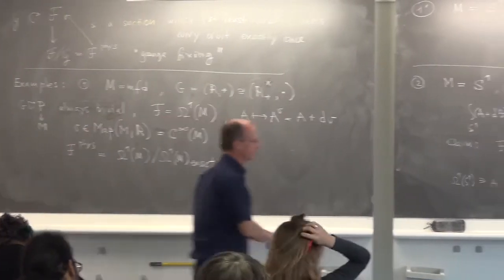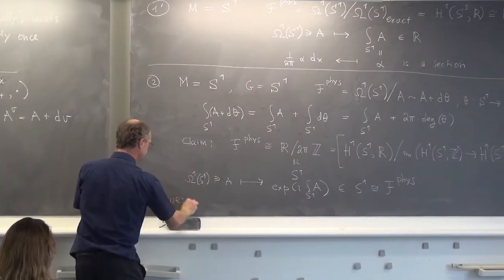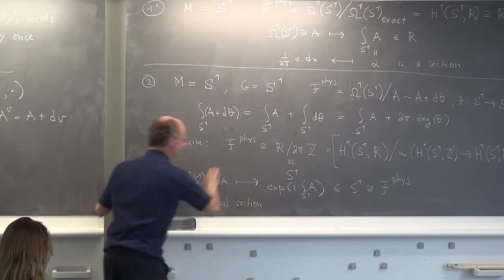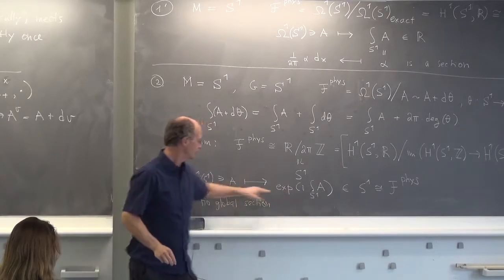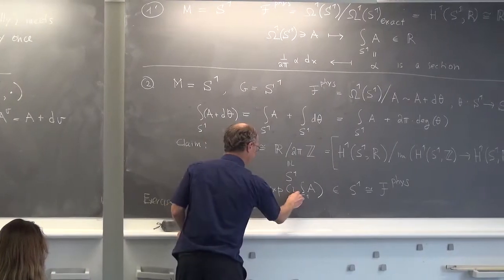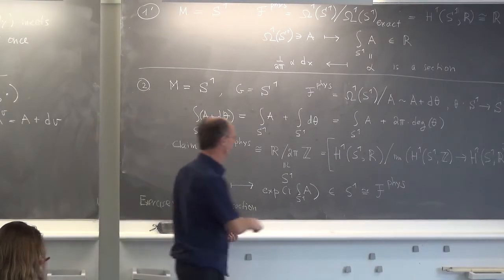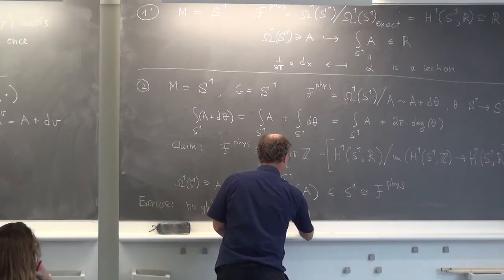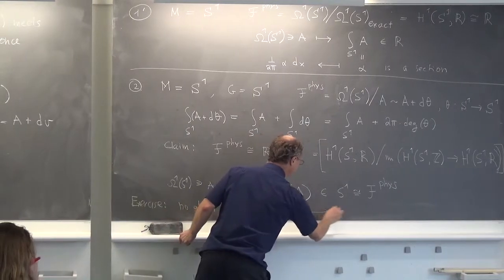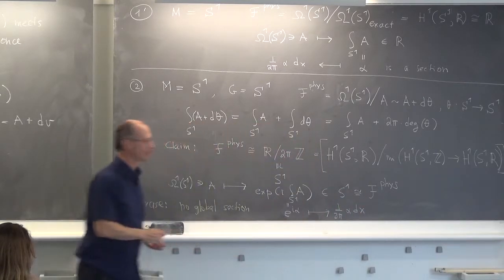It turns out, and maybe I leave it as an exercise, that there is no global section for this map. You can build local sections. For instance, you say that this is exponential of i alpha, and you map it to 1 over 2 pi alpha dx, as before.